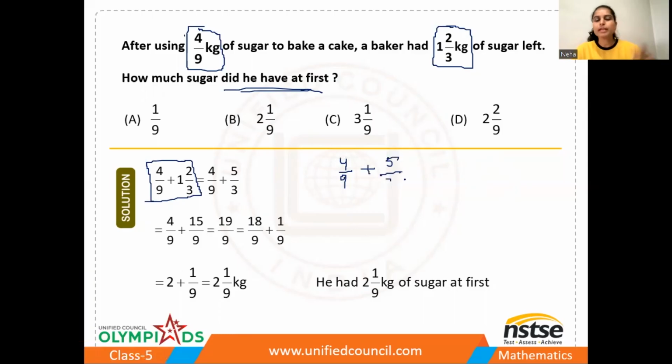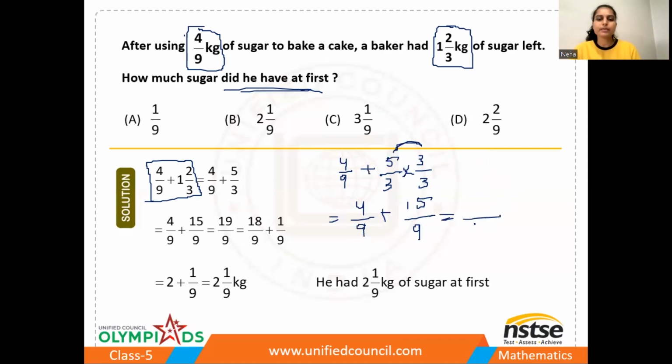Okay, so I have to make the denominator equal. So what I can do, I can just multiply the numerator and denominator with 3, right? Because 3 times 3 is 9. So this becomes 4 by 9 plus 5 multiplied by 3 is 15 and 3 multiplied by 3 is 9. This is how you multiply fractions, right? Just multiply the numerator with the numerator and the denominator with the denominator. Correct?